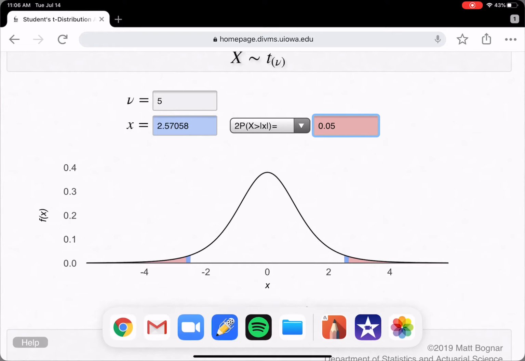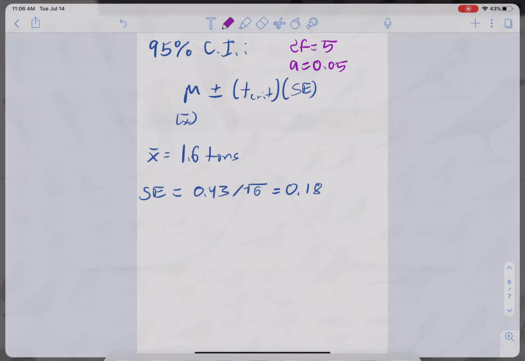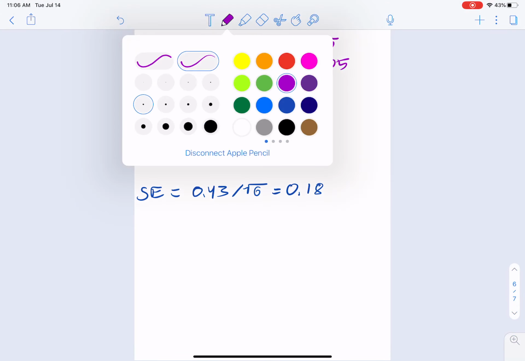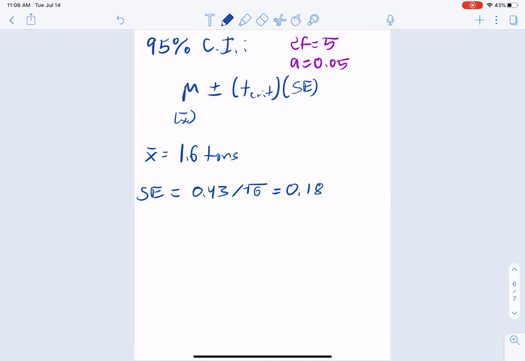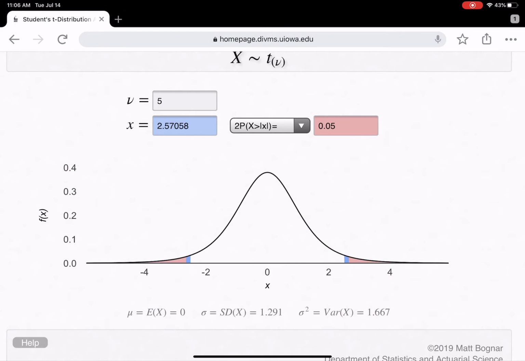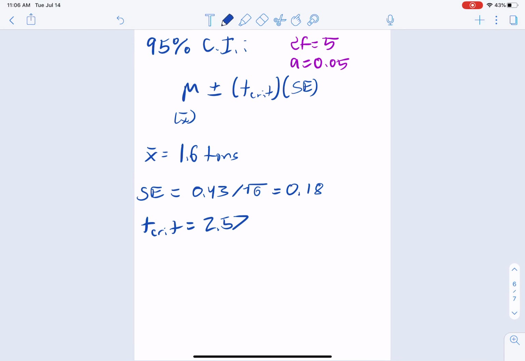It's as easy as that. So our t crit is 2.57. Cool. So again, we only need the degrees of freedom and the alpha when we're finding our t crit.